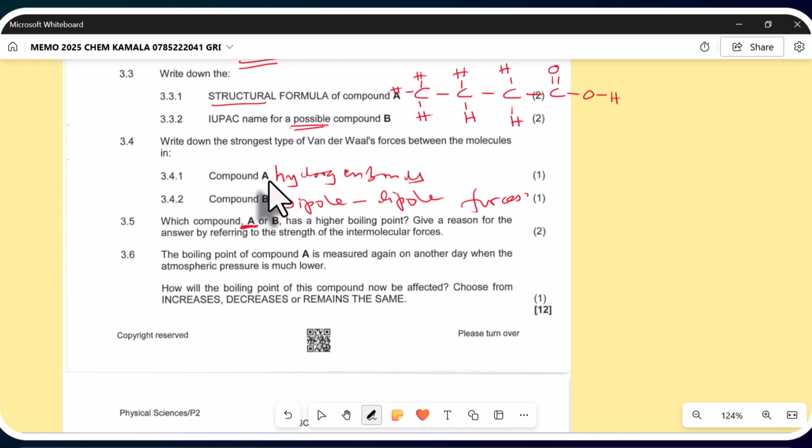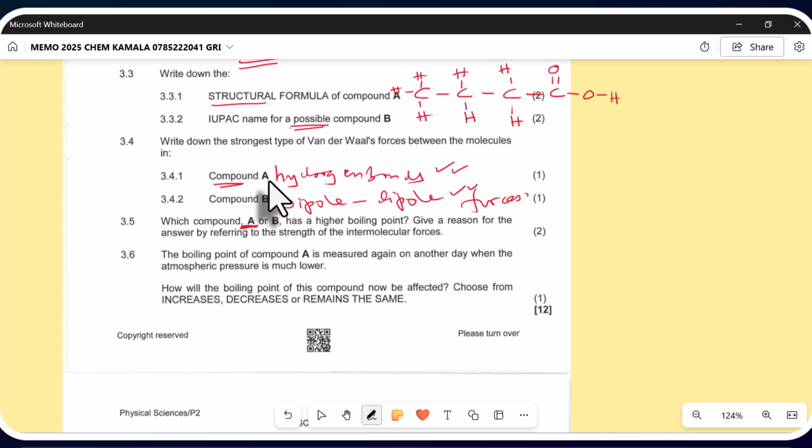I repeat. The question said the boiling point of compound A is measured again on another day when the atmospheric pressure is much lower. How will the boiling point of this compound now be affected? Choose from increase, decrease, or remain the same.